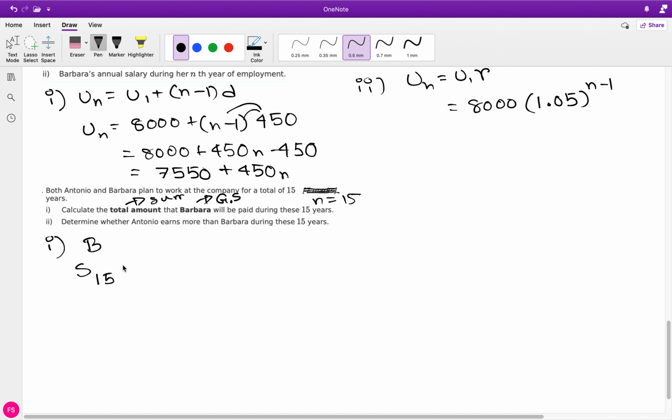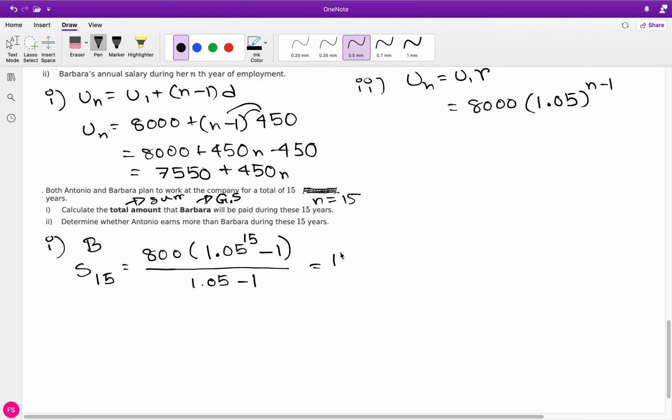Okay, geometric series. Straightforward. This equals u1, which is 8,000. In brackets, I will have the ratio, which is 1.05 to the power of n, n is 15, minus 1. Remember, the power is just with this ratio, not with this one. Divided by 1.05 minus 1. Let me put it in the calculator.